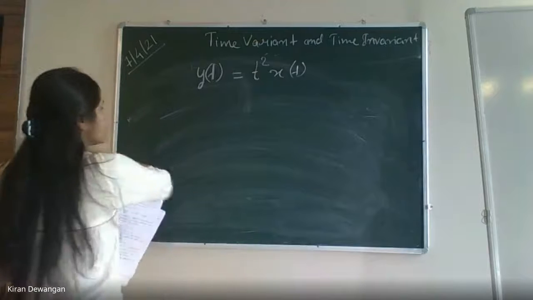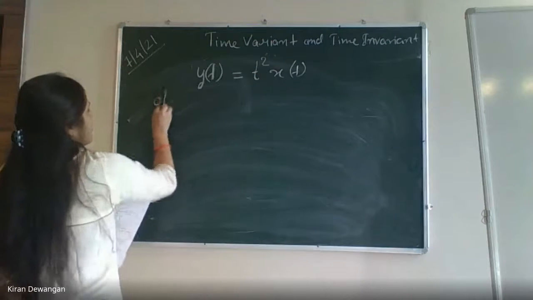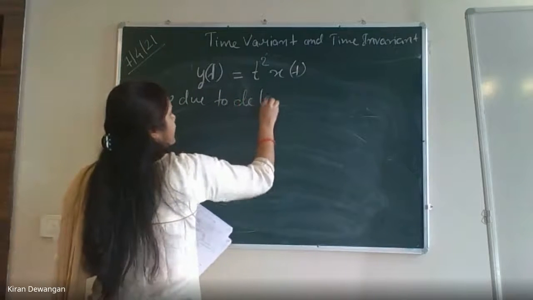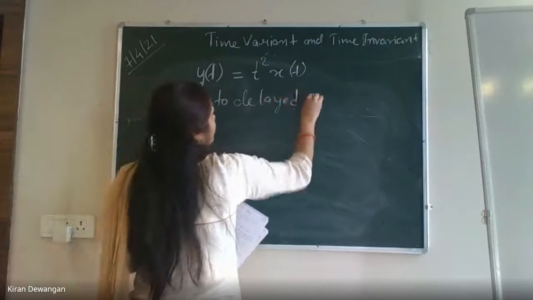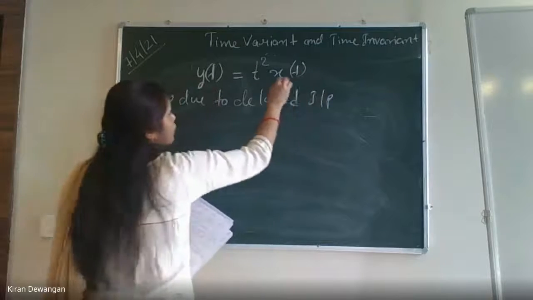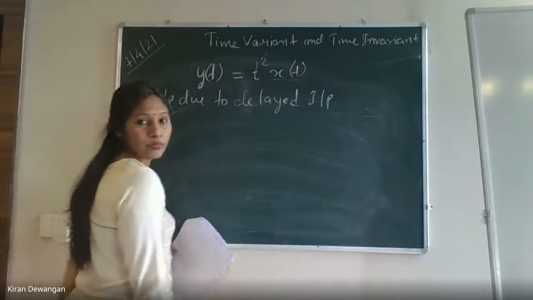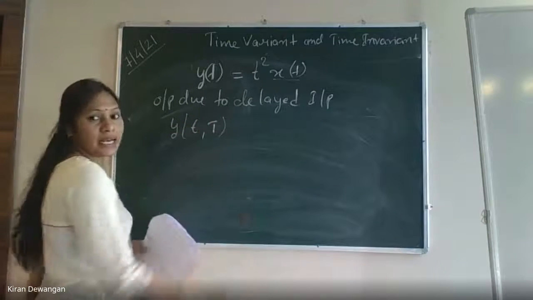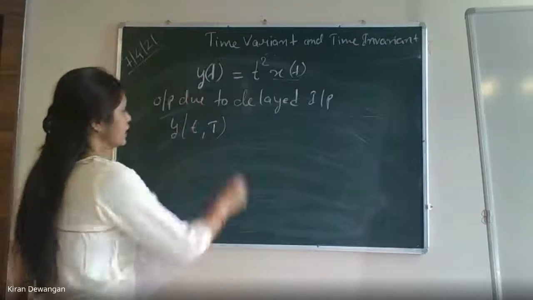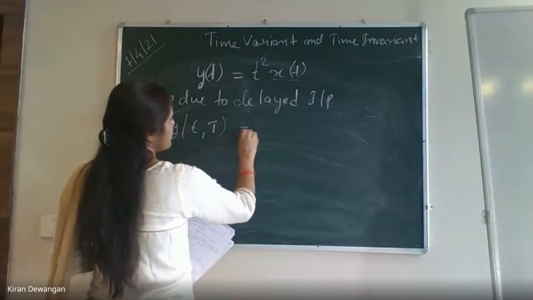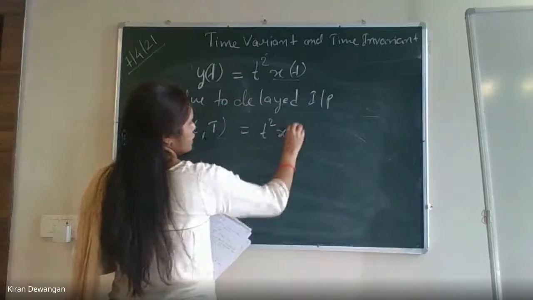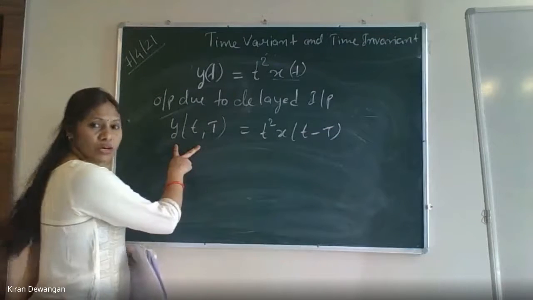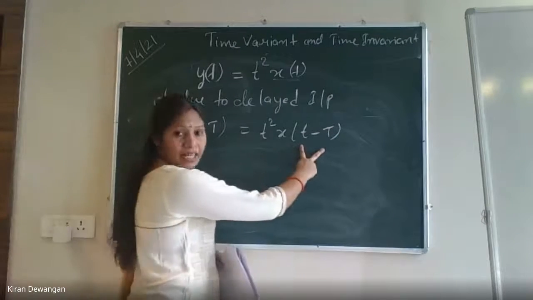Let us first check by finding the output due to delayed input. That is, if you apply the delay in the input itself, that will be y(t, T) with delayed input, which will be t square x(t minus T). So this is the output due to delay in the input.